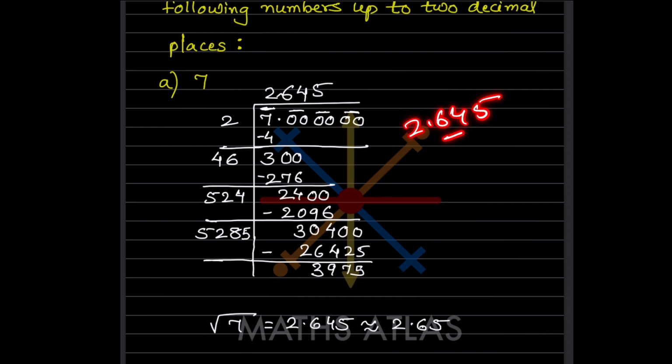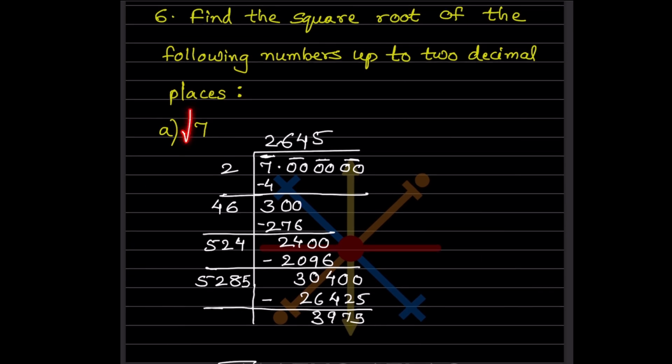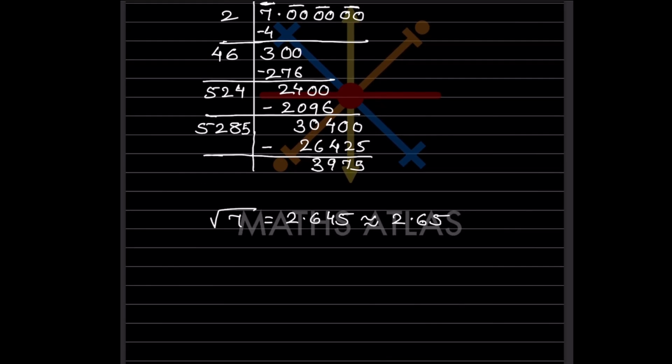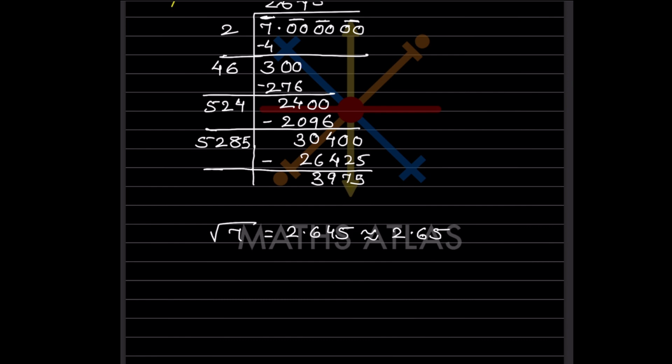So after 2 decimals we want, after 4 is what? 5. So 5 and more than 5 goes to the next number. So in place of this 4, you have to write 5. That will be 2.65. So whenever we write like this, it means it is the approximate value. So we can say, because this is a square root, we have found the square root of this one. That is 2.645, which is approximately equal to 2.65.